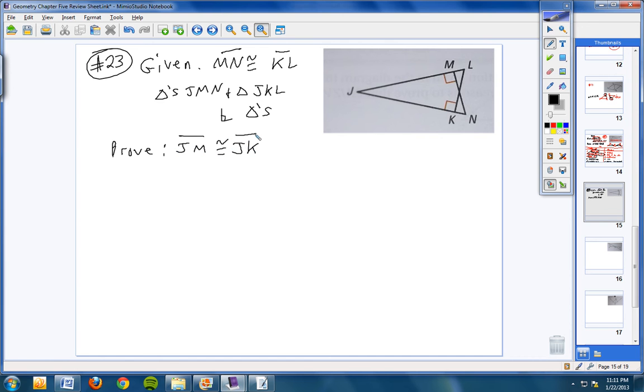Now again, for the 100th time, the only way you're going to be able to prove these two sides are congruent is to first prove that the two triangles are congruent, and then you can state their corresponding parts are congruent. And you can see right away, I think, students, that we need to split these triangles up. So here's one triangle coming down like this.